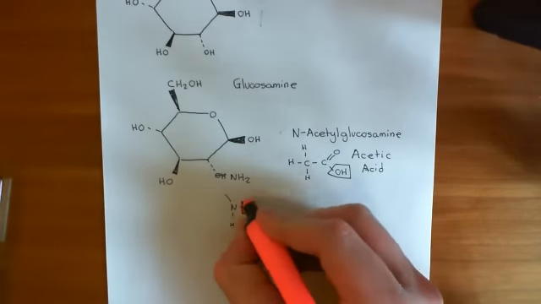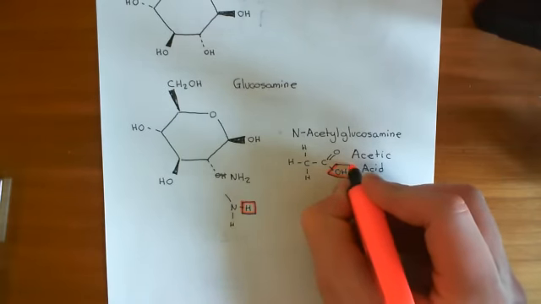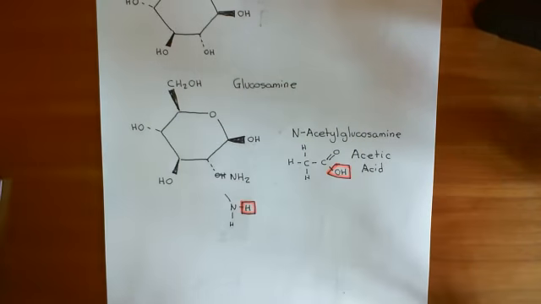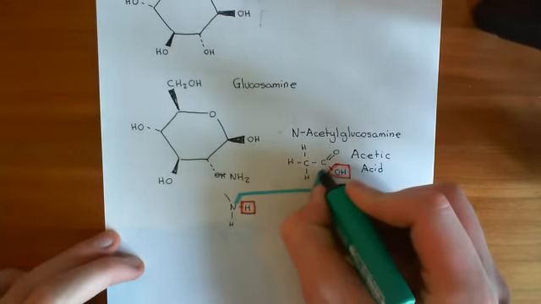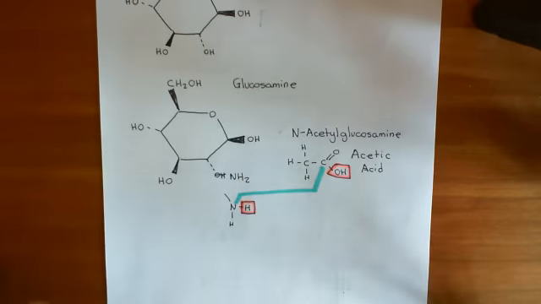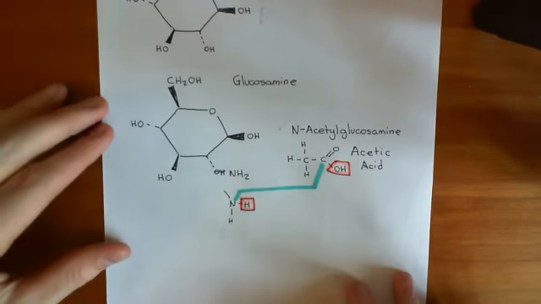You're going to take this hydrogen and this hydroxyl group off of these molecules. They're going to go together to make water. That's why it's called a condensation reaction, because you're going to produce water. And then you're going to link this carbon here to this nitrogen here.